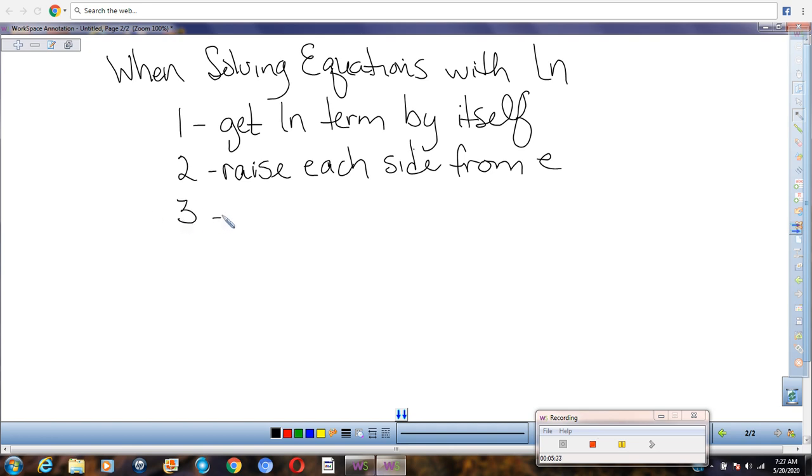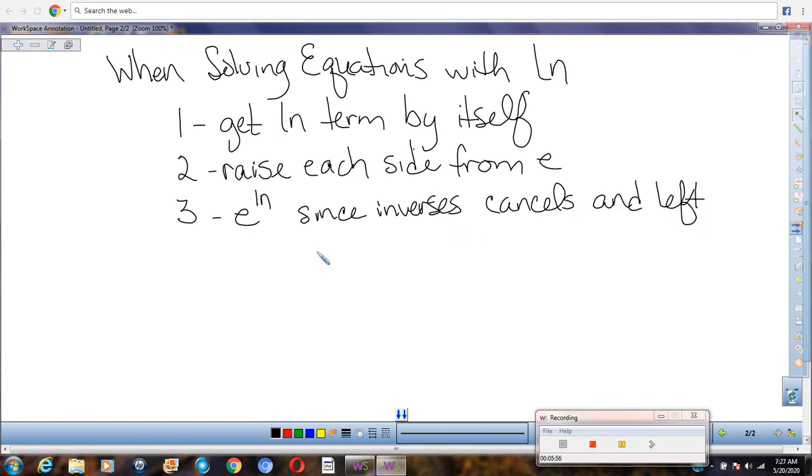Step 3. When we have e to the natural log, again, these are inverses, and they cancel, leaving what's behind it. So, since inverses cancel, we're left with what is behind the natural log.